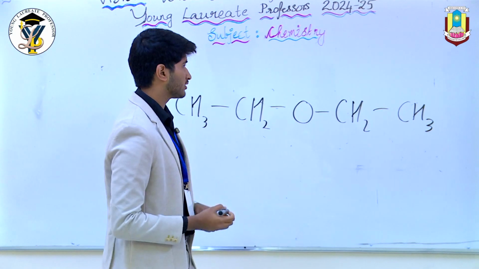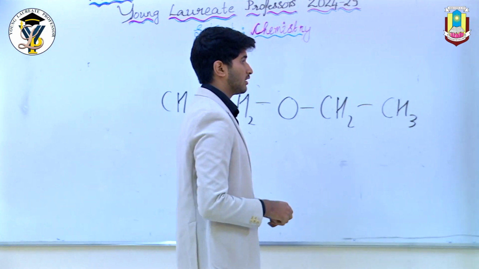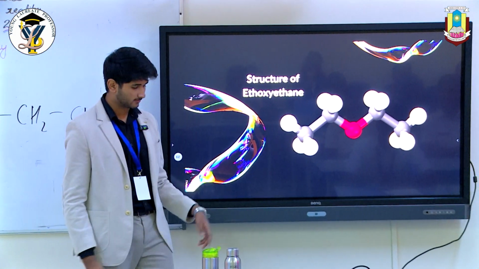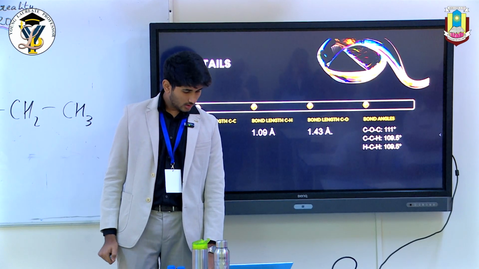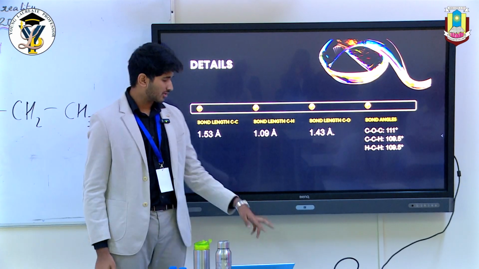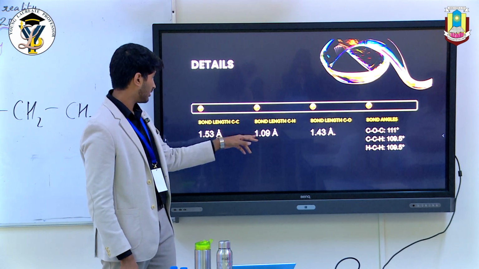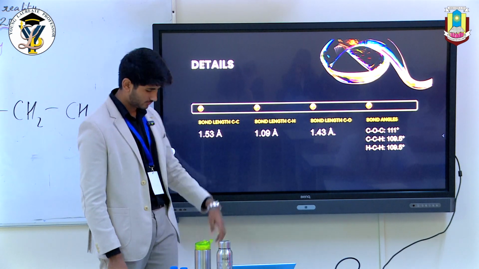This is the ethoxyethane molecule. Carbon, hydrogen, oxygen. No double bonds here. And these are the details: 1.53 angstrom bond length, 1.09 carbon hydrogen bond length.